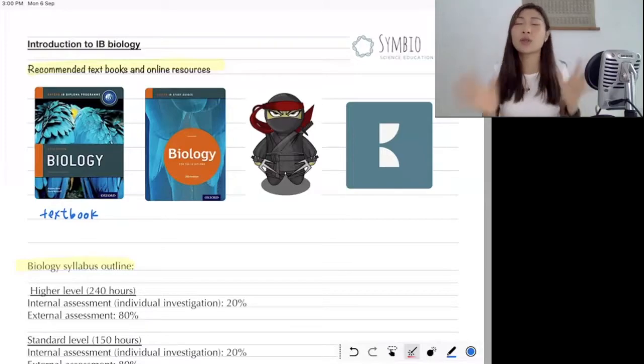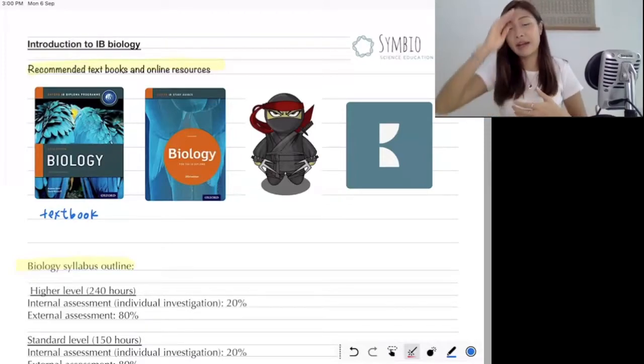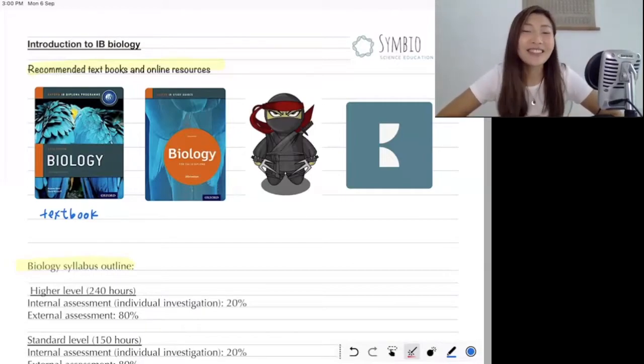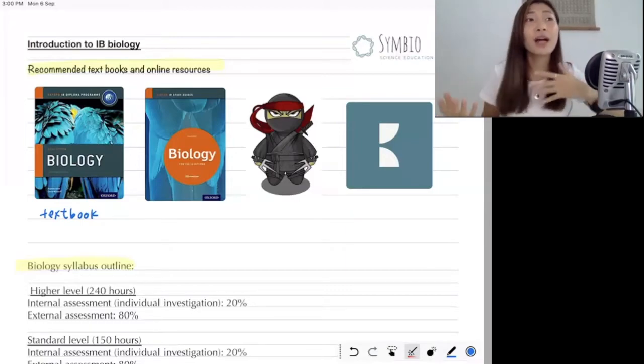Okay, but don't stress yourself out to read through every single word in this 700 something pages textbook. Of course, if you have the time and the determination, then I would say go for it. But at the same time, honestly, just use it as a reference book, how you use your dictionary.